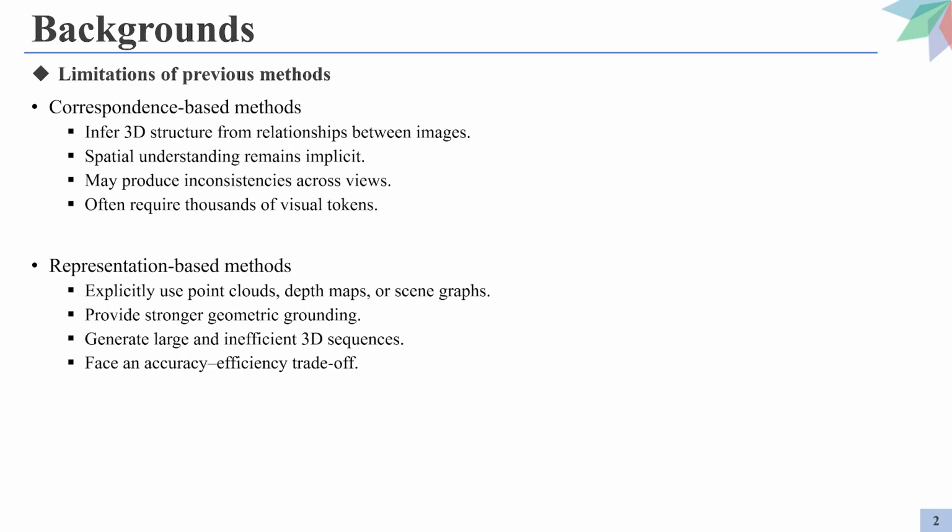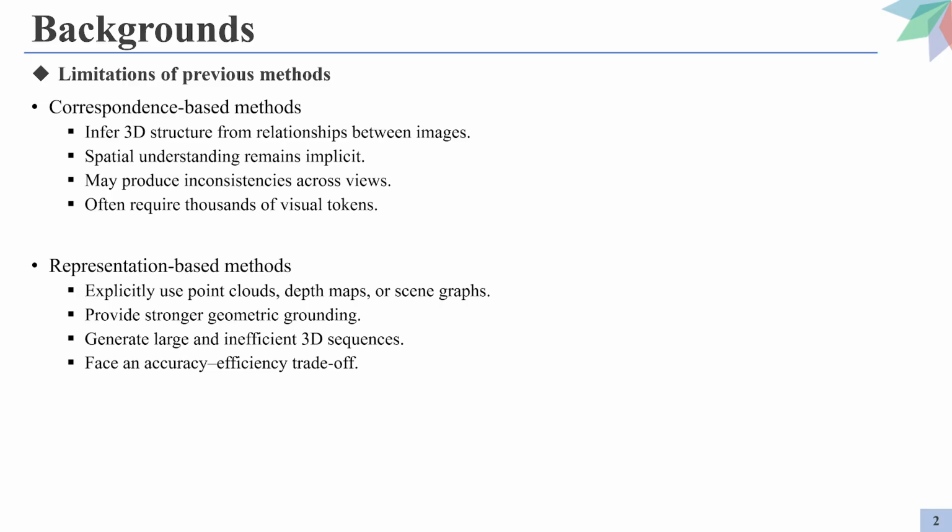Their advantage is that they can directly use ordinary images or video frames. However, their understanding of 3D space remains mostly implicit. A model may correctly interpret individual frames but still fail to construct a consistent global representation of the room. These methods may therefore suffer from spatial inconsistencies and weak global scene understanding.